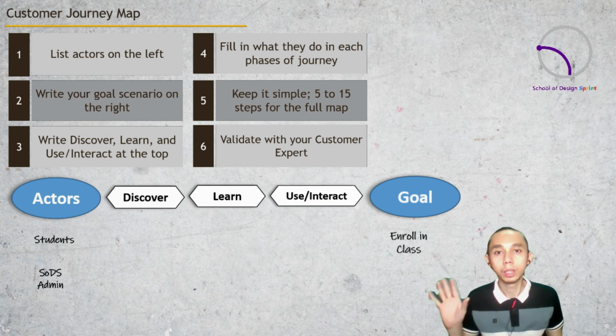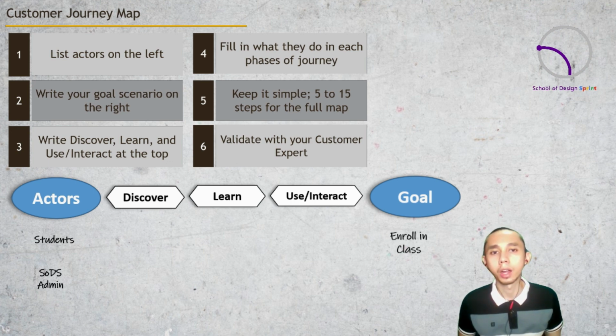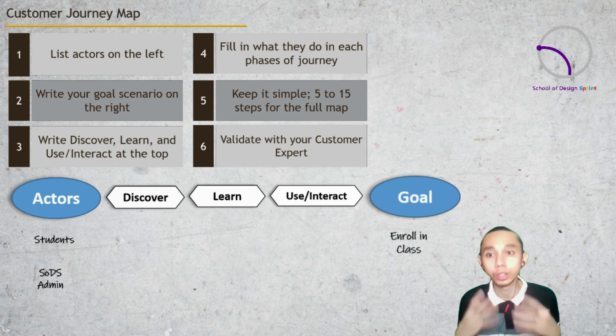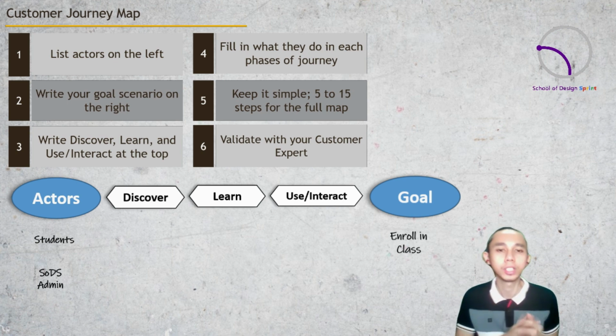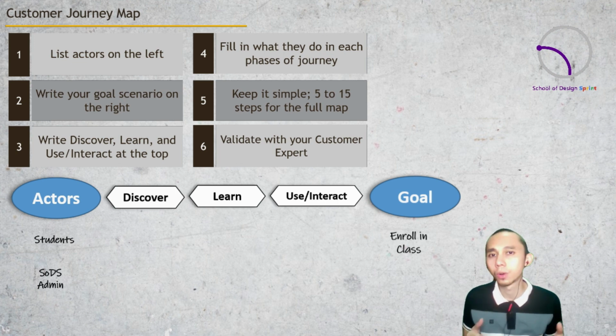So the actor would be primarily you as my potential student. And then discover is when you first encounter our program. How were you made aware? So you discovered, oh, we have School of Design Sprint here, I would like to enroll. So that's the discover.